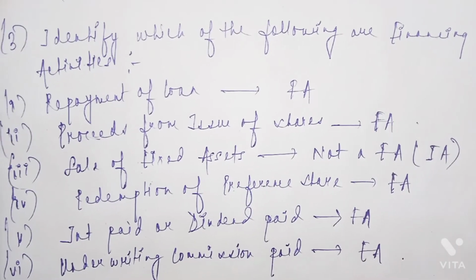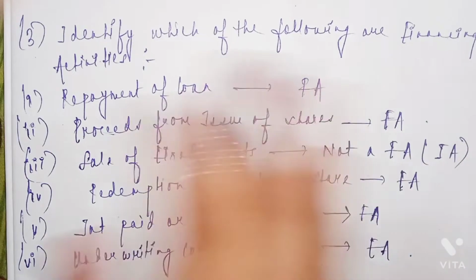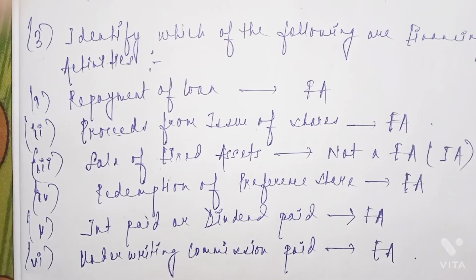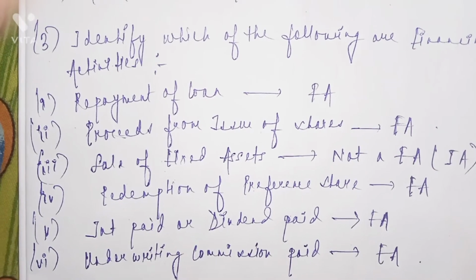Now I will show you a mixed sum in which you will get a list of items and you have to identify whether it's an operating activity, financing activity, investing activity, or a cash or cash equivalent.